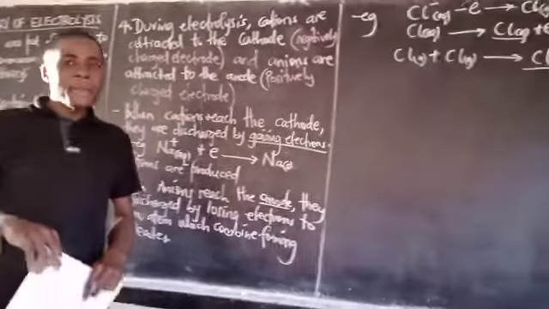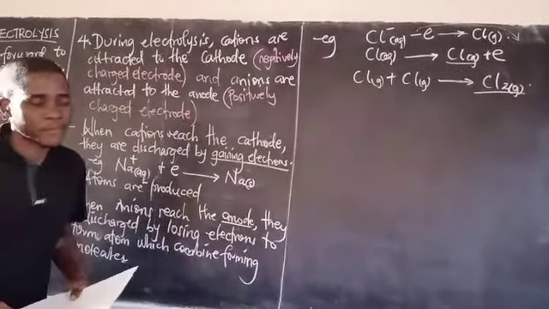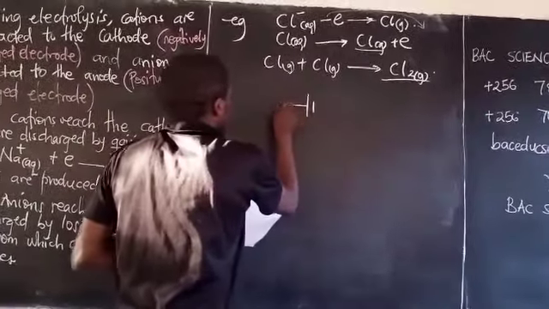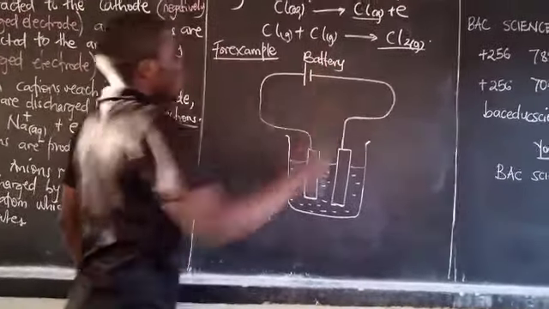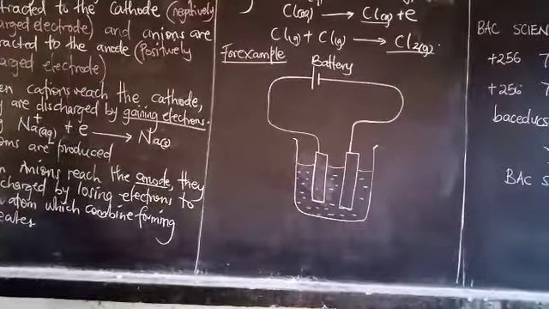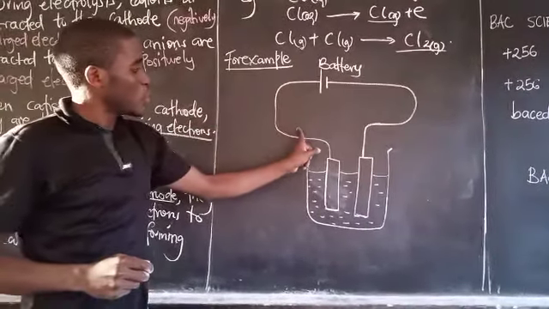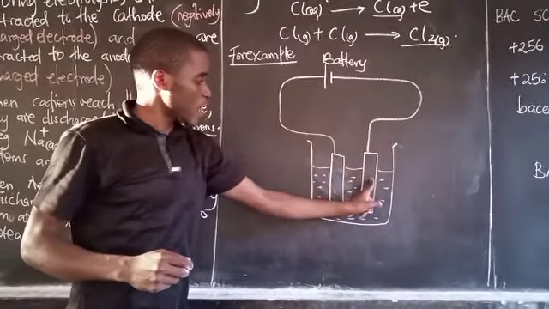Can we briefly simplify this in a diagram? So, this is our battery connected to this end and then the other end connected to this terminal.